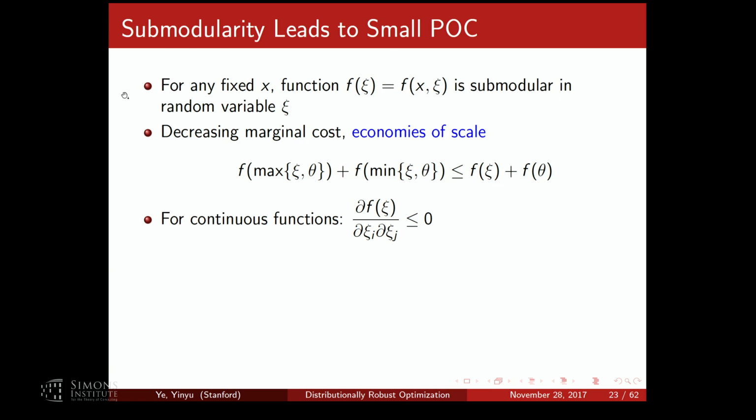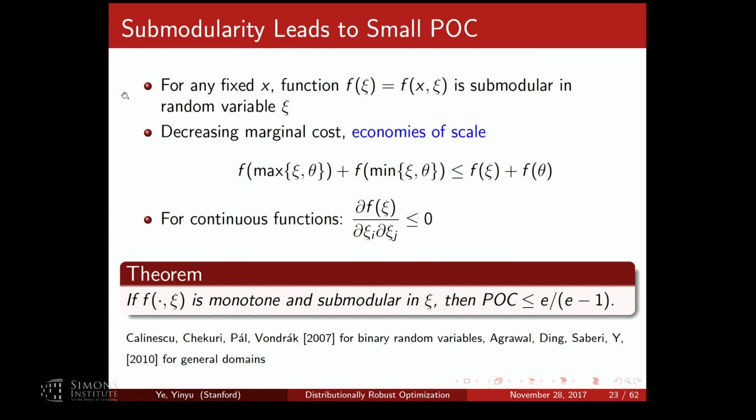So what's submodular? It's basically economies of scale. You can think about this with quadratic functions and the covariance. The derivative is less than zero for negatively correlated random variables. In this case, you can prove POC is less than e divided by e minus 1, where e is just the natural number, 2.78.